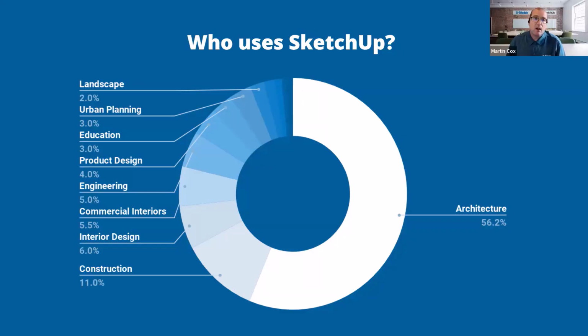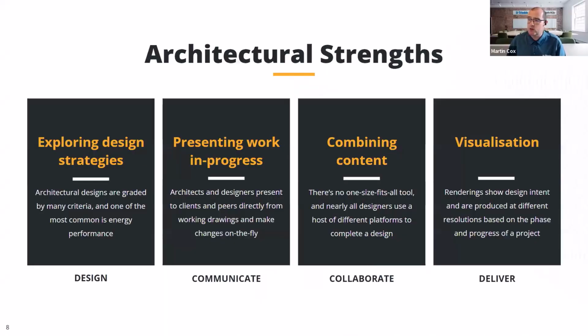And as I mentioned, some of the biggest architectural companies in the world are using SketchUp, and some of the most famous ones as well. And the reason for this is those architectural strengths that we have within SketchUp. SketchUp allows architects to explore design strategies, present their work, get feedback with live collaboration and visualize it, to help continue to move the project forward.